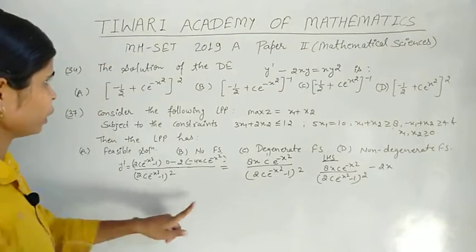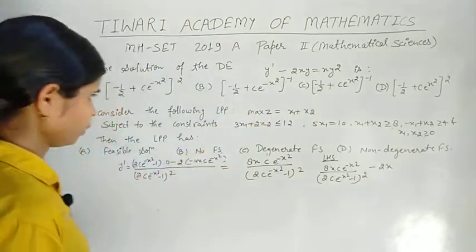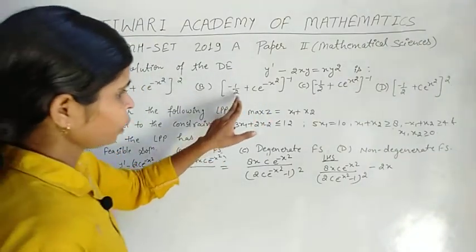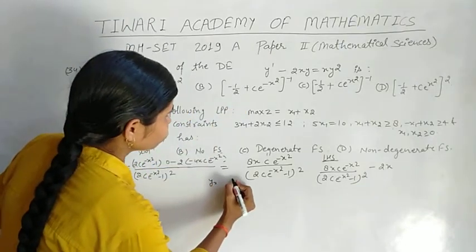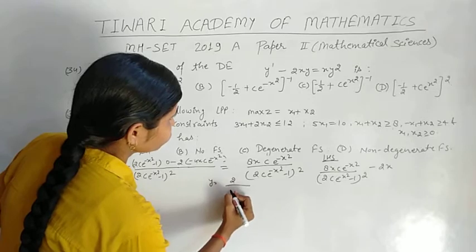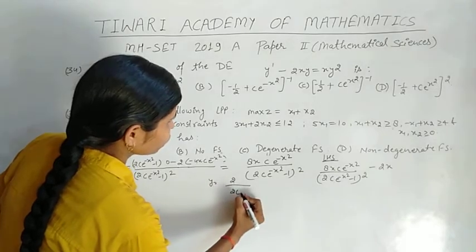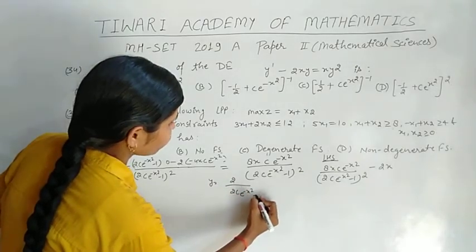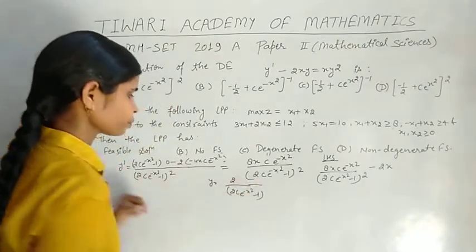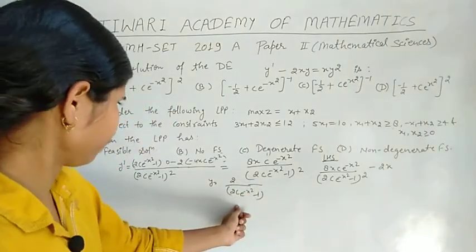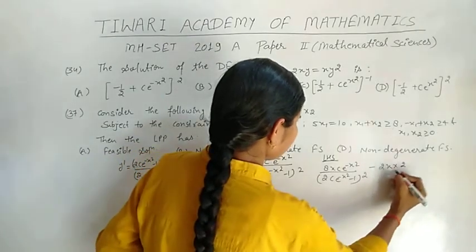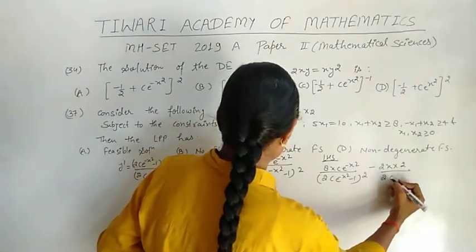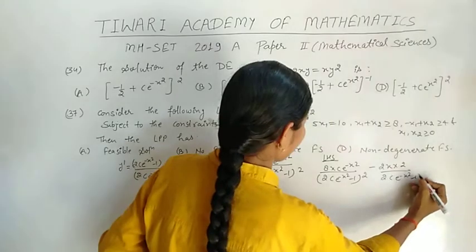The value of y is this, means y is equals to 2 upon 2c e raised to power minus x square minus 1. Okay, 2x into 2 upon 2c e raised to power minus x square minus 1.